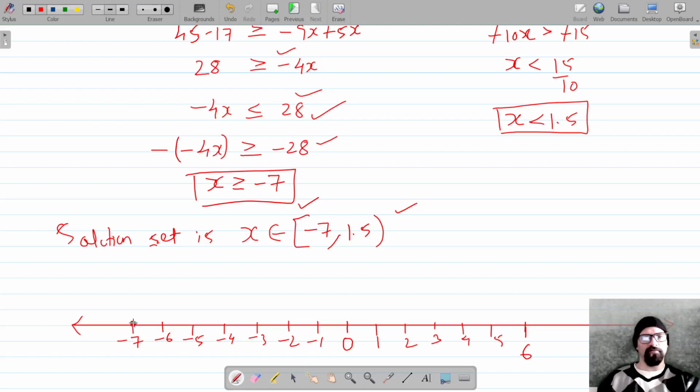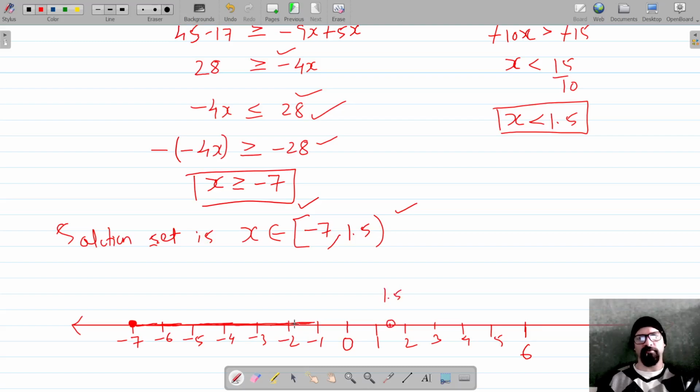So I'm going to have a dark circle here. It includes the numbers greater than -7, so we have to shade this line dark till 1.5. So 1.5 is, let's say, here, but 1.5 is not included.